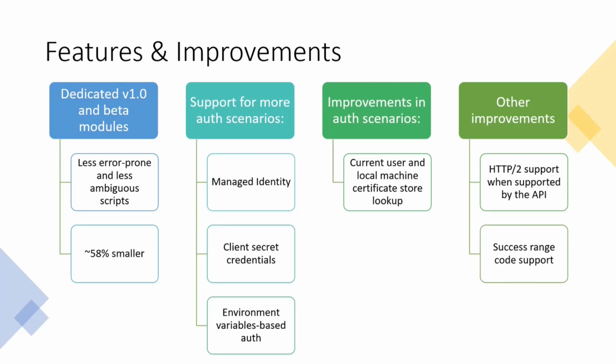That's not an issue anymore, because now we support success range codes. So 2xx codes are being fully supported by the SDK, and we no longer have issues with that.